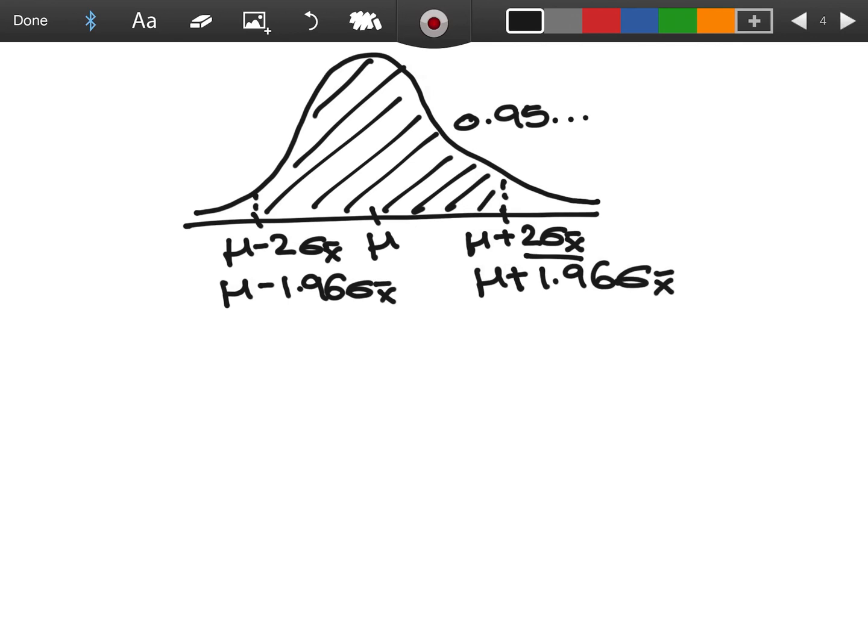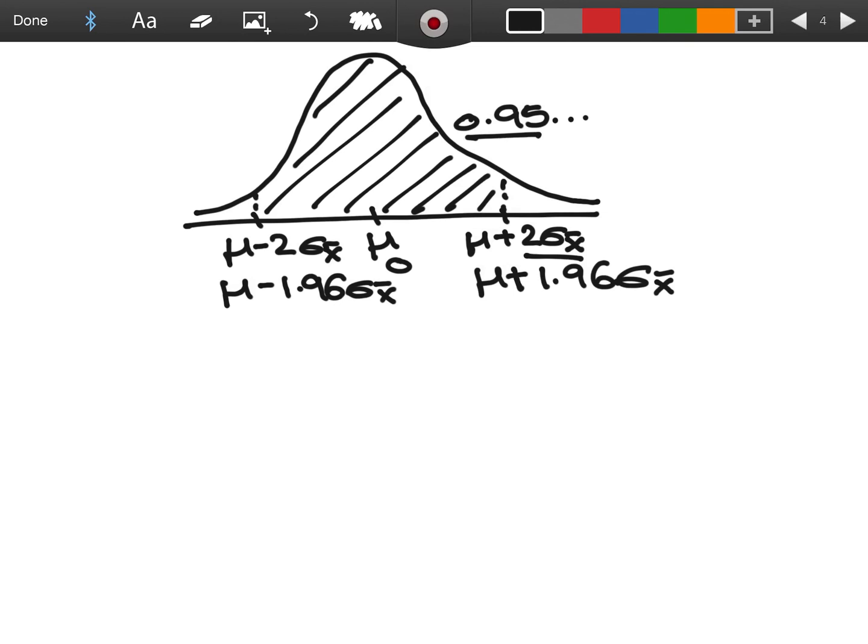But just for argument's sake right now, and so that you can see what's going on, I want to keep it as exact as possible. So if I want exactly 95% of my data to lie in some interval, it is within 1.96 times the standard deviation away from the mean. Going back to z-scores, for a z distribution you have a mean of 0 and a standard deviation of 1.